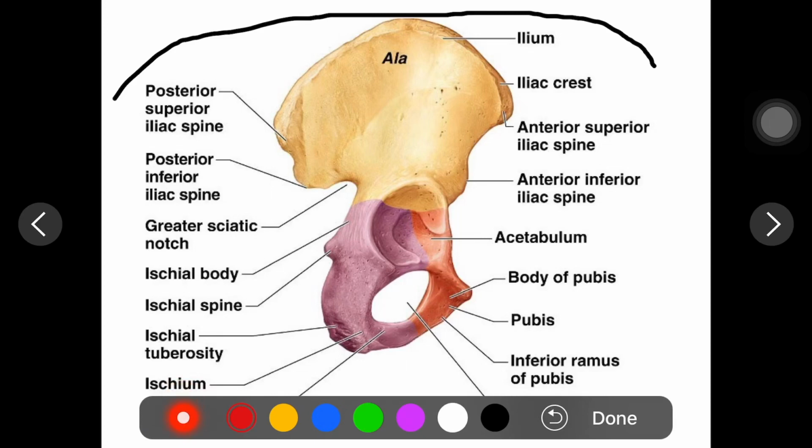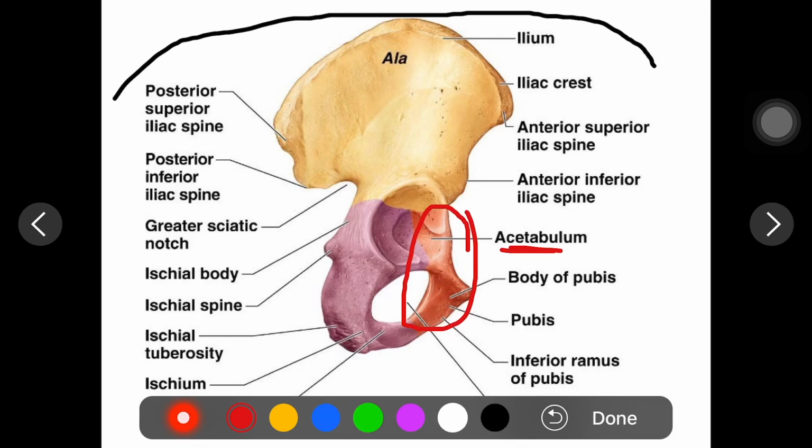By red color, the small one, I will discuss first. We find the acetabulum, which is shared by the three bones: the ilium, the pubis, and the ischium.